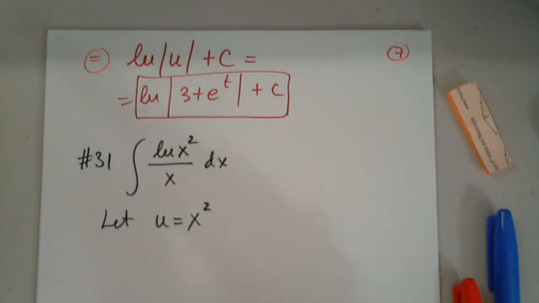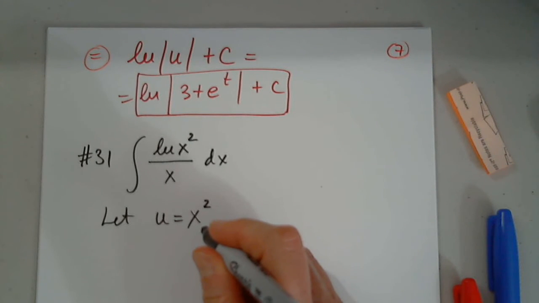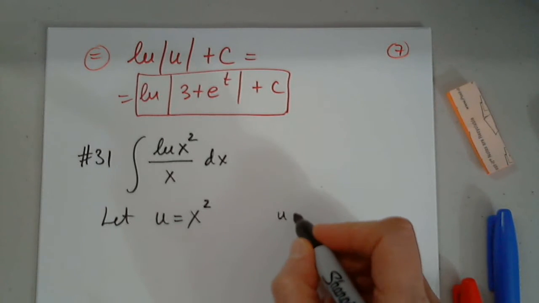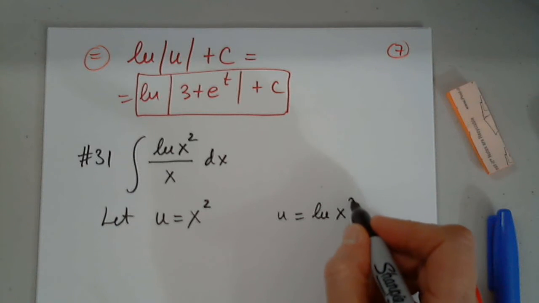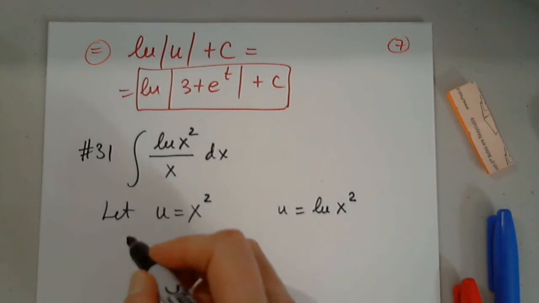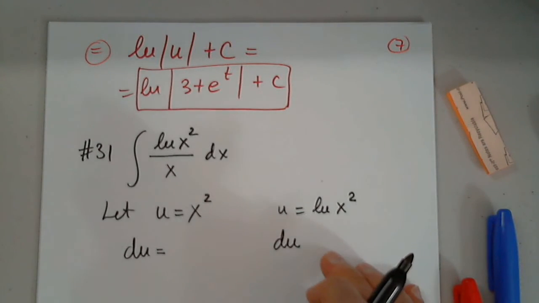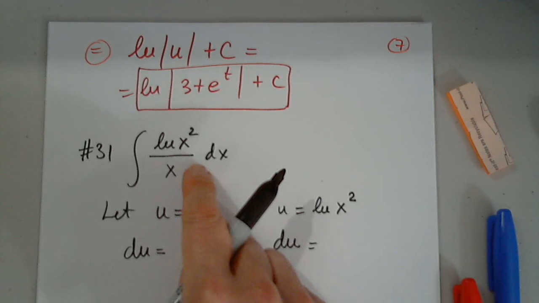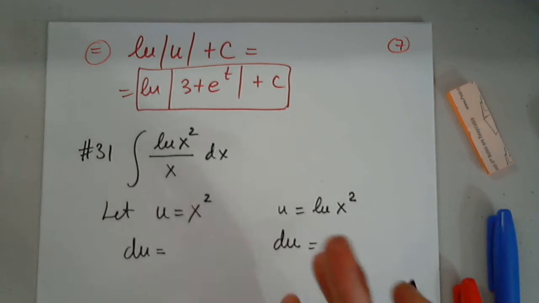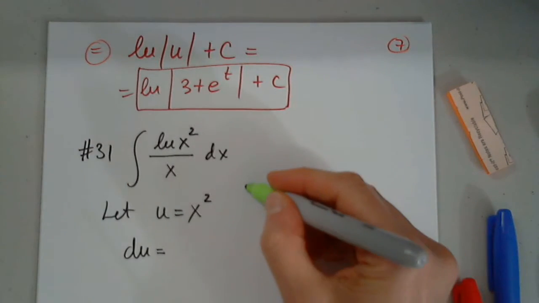But we can use different substitutions and still get the same answer. You could also say u equals natural log of x squared and see what happens. The substitution is good as long as we can find du. If I cannot find du and put it in the problem easily, then I'm not on the right path. So let's analyze these two options and see what happens.